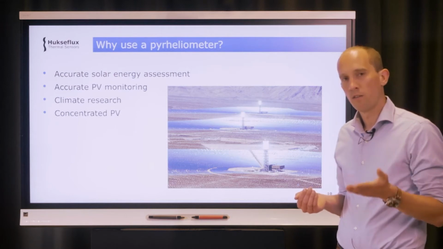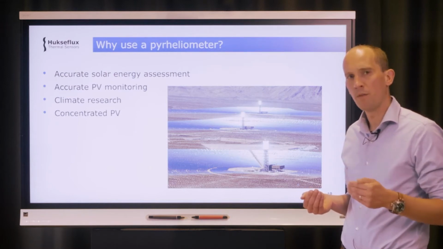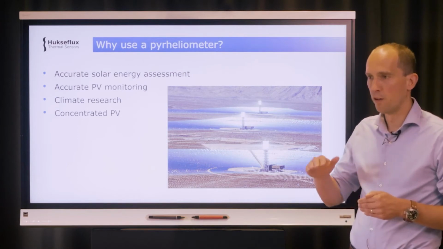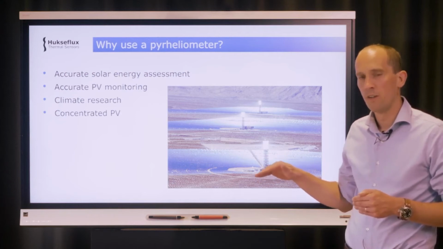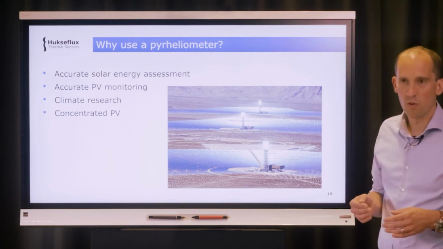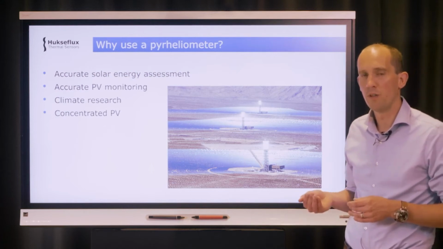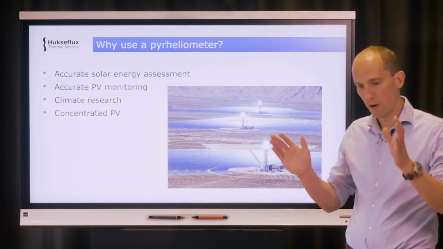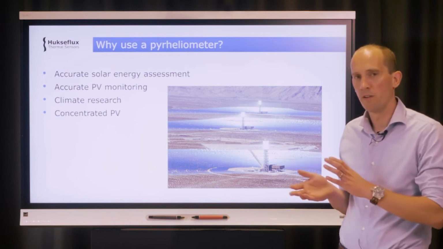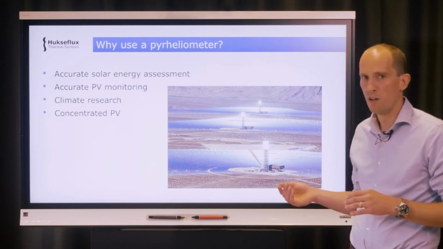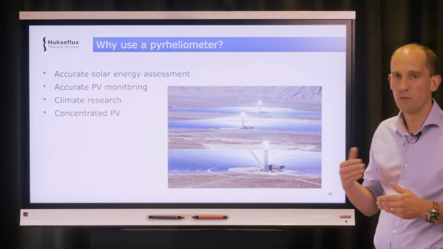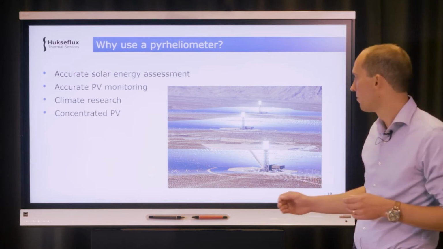And in the large, most accurate, high-end climate networks, people also employ pyrheliometers to very closely follow the trends in the solar energy over different decades. Very specifically in situations where you have concentrated PV plants, so in plants where all the direct radiation hits mirrors, and these mirrors are used to concentrate the light at a single location. In those applications, pyrheliometers are also essential, because those plants actually operate only on direct radiation, not on global.